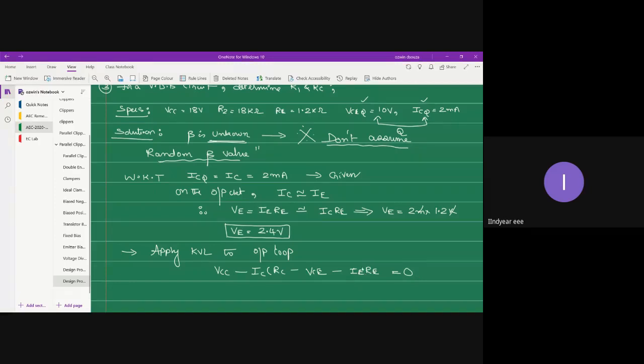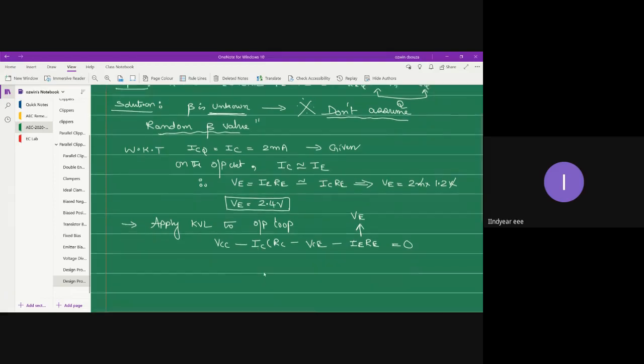Now this IE into RE is VE, right? We have already found the value of VE. So that will help us in finding out this unknown resistance value RC.